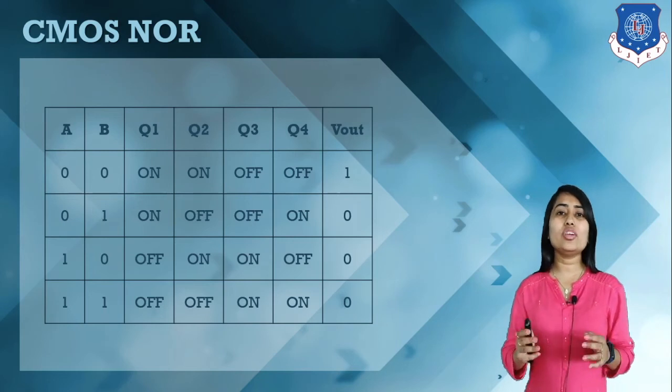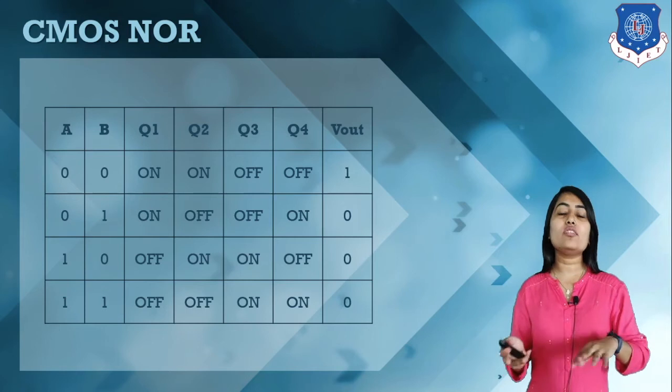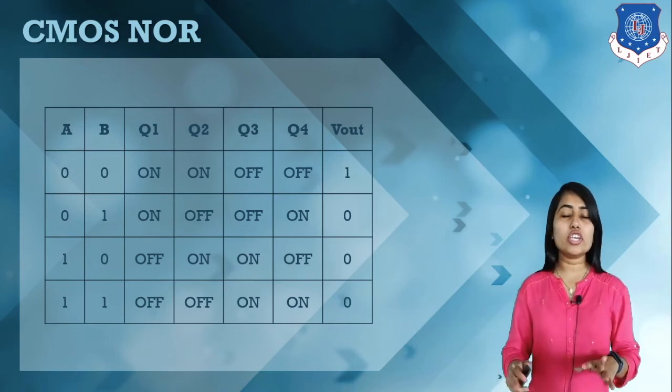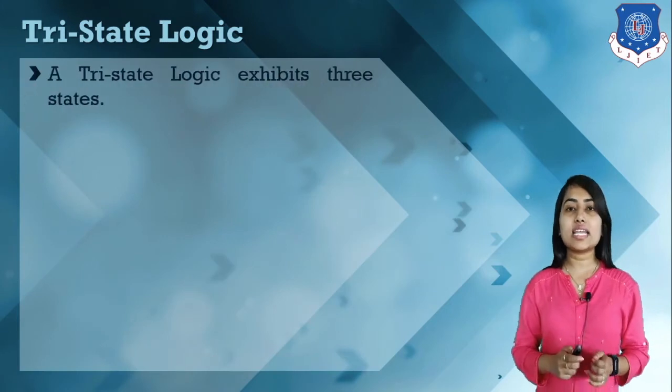Now up to here we discussed normal logic, in which we have 2 states, either 0 or 1, but we have some other logic in which we have 3 states. So let's discuss that. Next is tri-state logic.